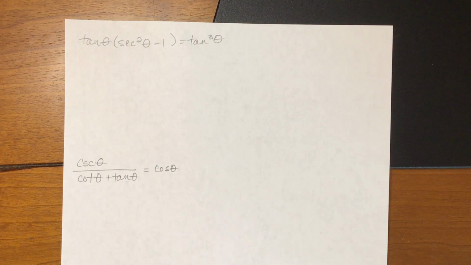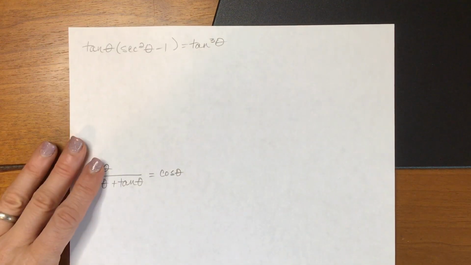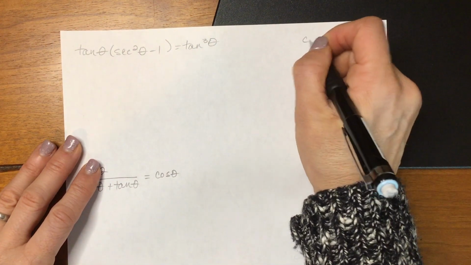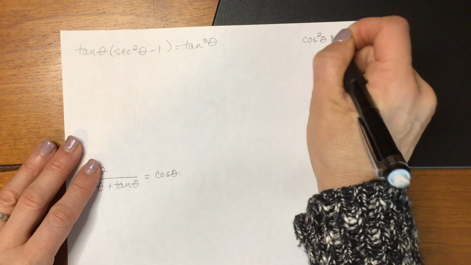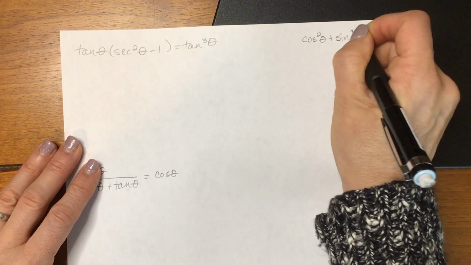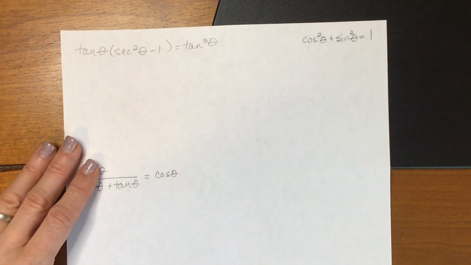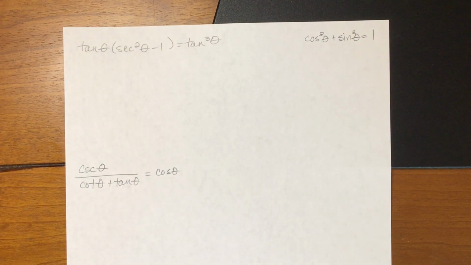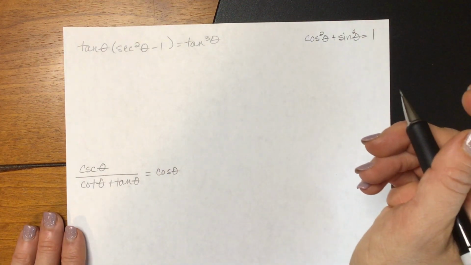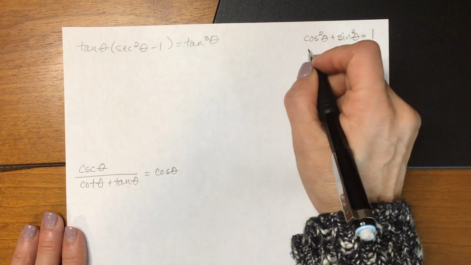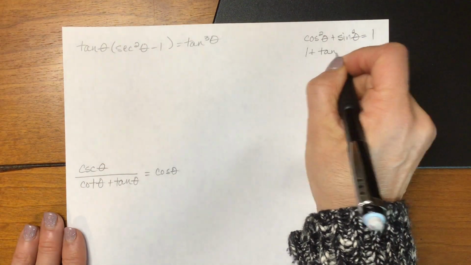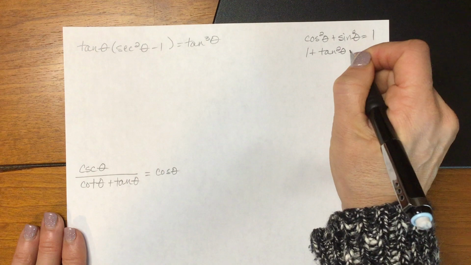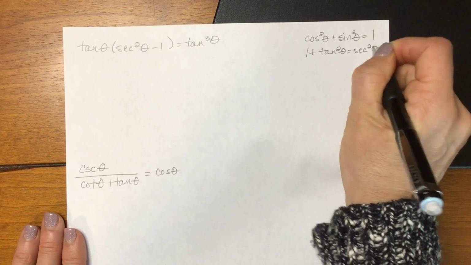So first, let's just start out with our three Pythagorean identities. These are important because whenever you see something squared, you can think, do I have a Pythagorean identity that can relate those two terms? So this one relates cosine and sine and 1 together. And then if we had divided everything by cosine, then we got another Pythagorean identity that was 1 plus tangent squared theta equals secant squared theta.